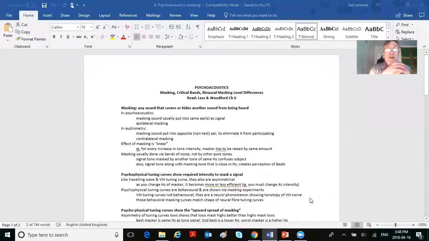Enough on that. Let's move on and read our notes. And when we do so, we shall see. In audiometry, masking is put into the opposite ear, the non-test ear, to eliminate it from participating. This is called contralateral masking.